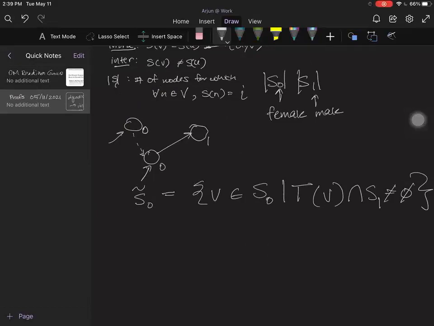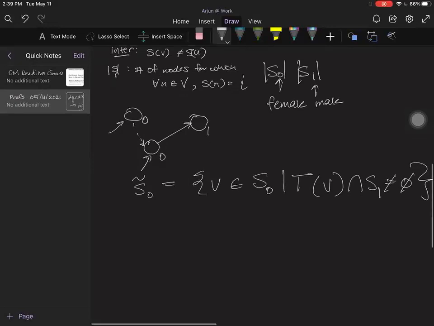Conceptually, all this means is that S0 tilde is the set of all nodes in the group S0 that are on the boundary. So maybe in this 3-node graph that I just drew above, this node here is going to be in S0 tilde because it's on the boundary between all the 1 labeled nodes and all the 0 labeled nodes. However, this node here will not be in S0 tilde because it doesn't have any connection to 1 labeled nodes.